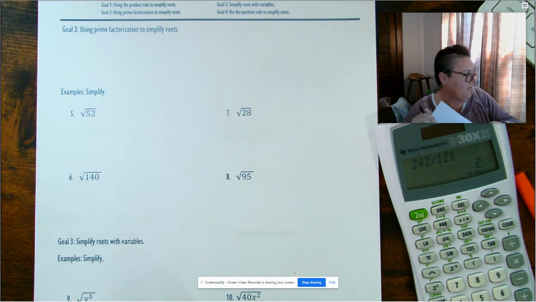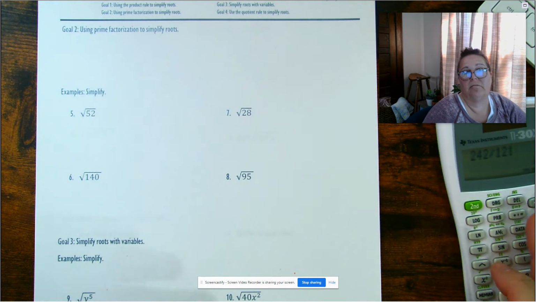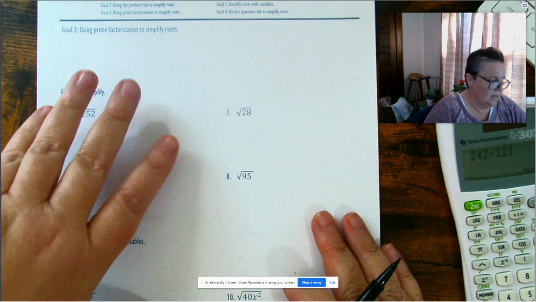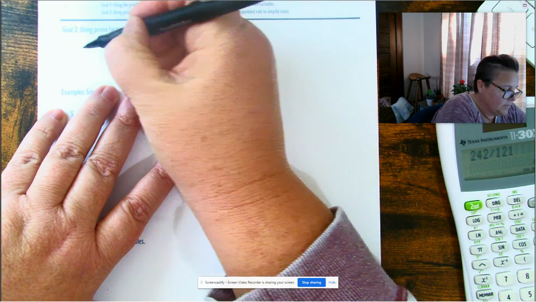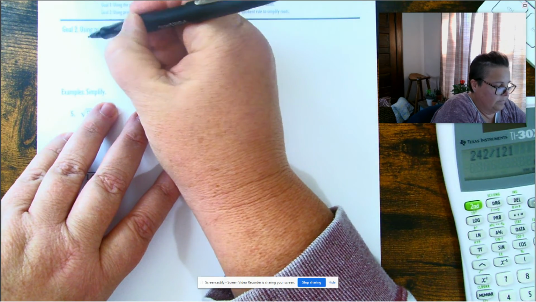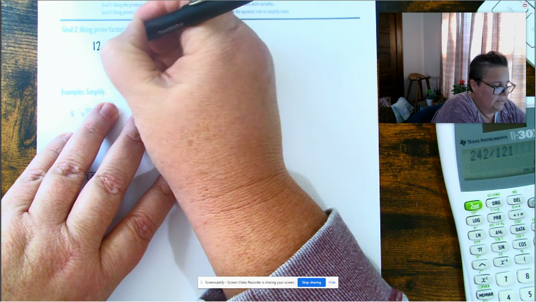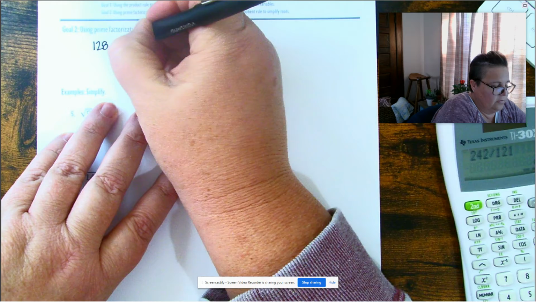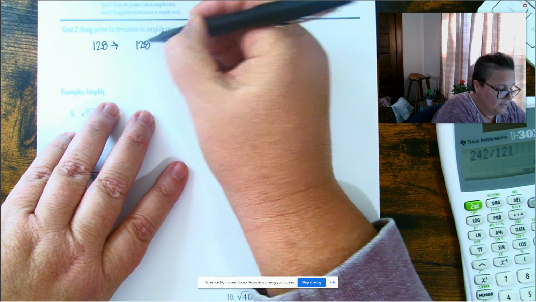I prefer to use the prime factorization method. And the prime factorization method uses that little index trick that we did last section. And it works really well. So here's the idea. The idea with prime factorization is that if you have something like, let's do 128. So if I do the prime factorization of 128, I do it a little bit differently.